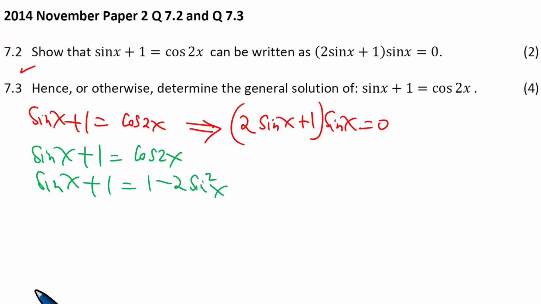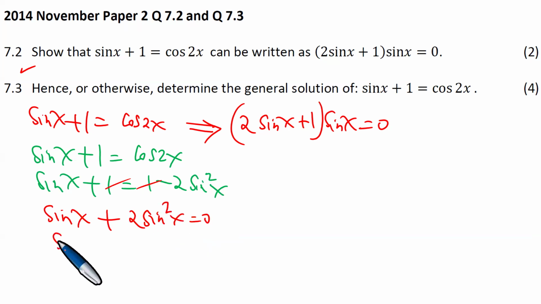It's very healthy to always discuss and get your opinion. So this 1 cancels out, and therefore we have sine x plus 2 sine squared x, which equals 0, and then we have sine x, open bracket, 1 plus 2 sine x.